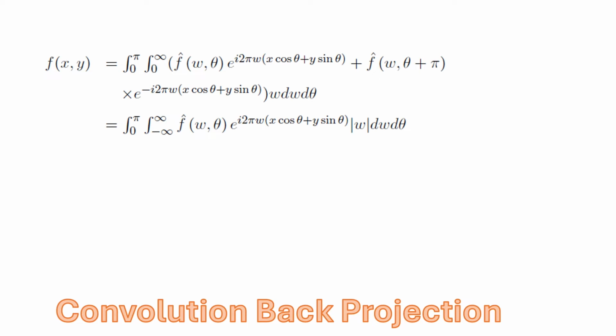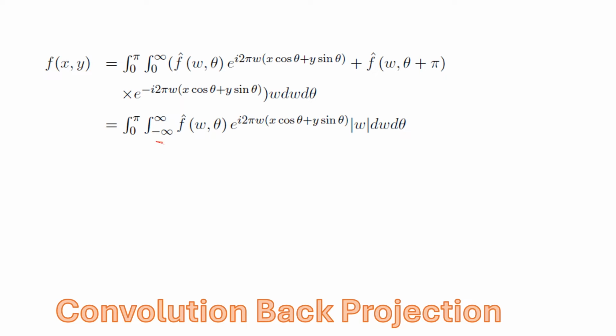To understand the algorithm, let's just look at our function f of x, the density of the object that we want to evaluate. We can write the Fourier transform of f in angular coordinates instead of in xy coordinates, and if we do that, we get this form.